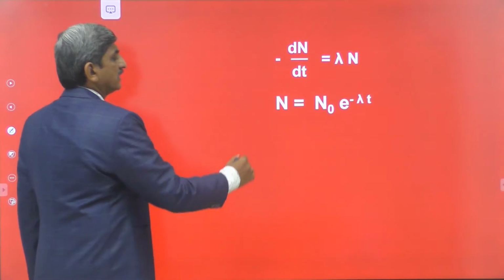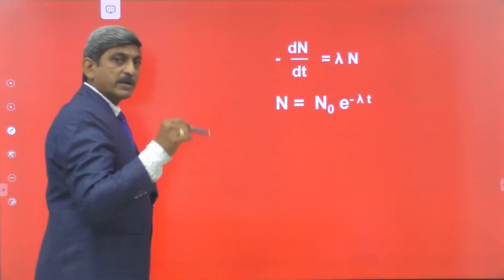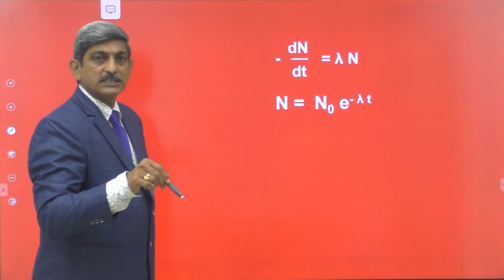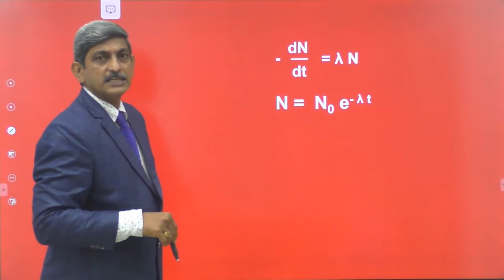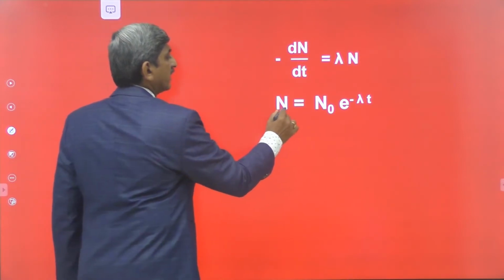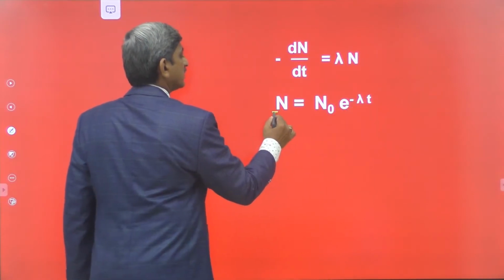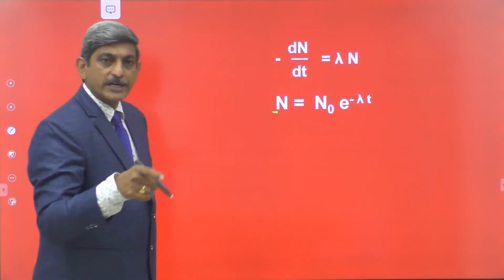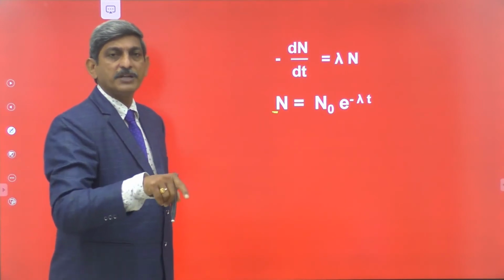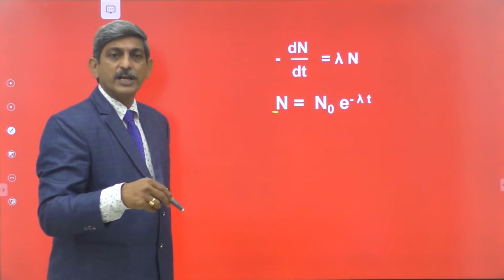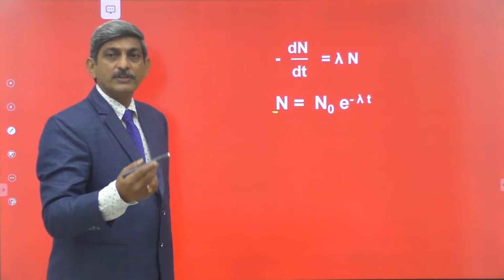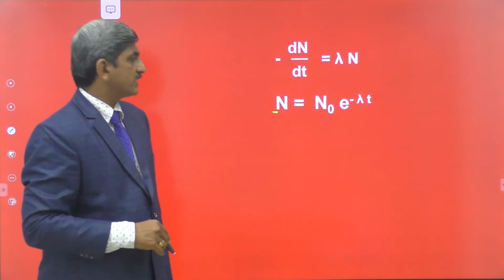After that, the number of radioactive nuclei present after time t seconds in the sample is given by N is equal to N naught e power minus lambda t. This is the number of radioactive nuclei left without decaying after t seconds.